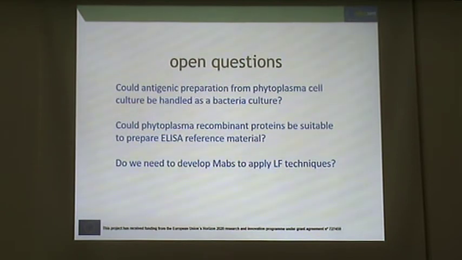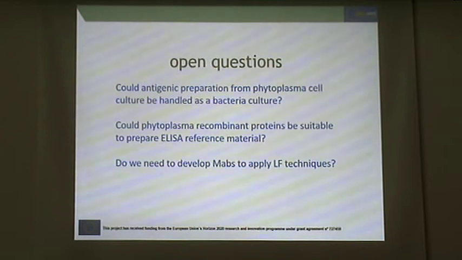if preparing the antigenic preparation from phytoplasma can follow the same procedures we use for bacteria culture, and there was something about the recombinant proteins, if we can use a recombinant protein derived from phytoplasma, to be used not only to prepare an antibody against that, but also to be used as a reference material in ELISA.